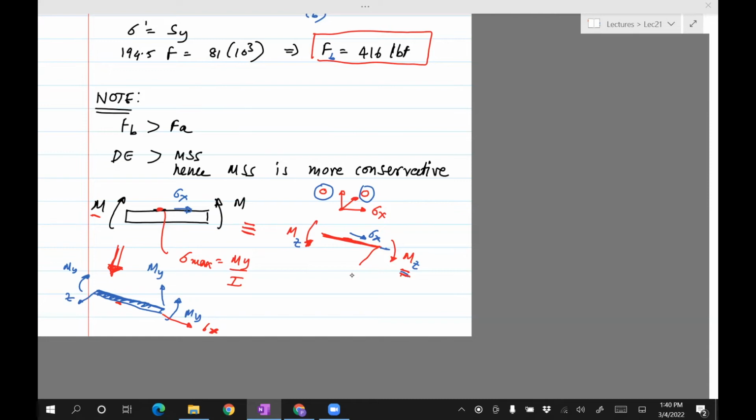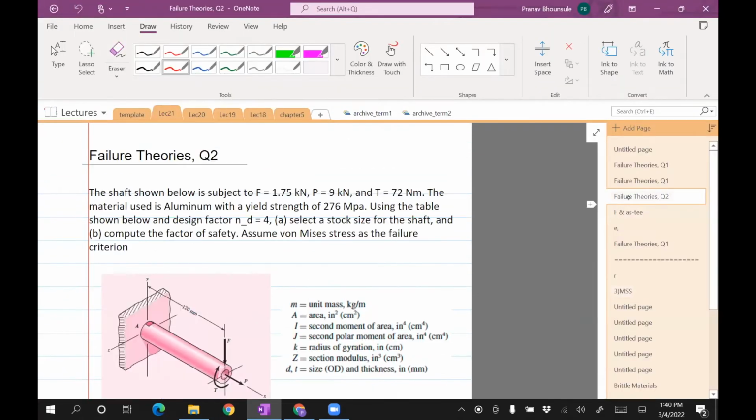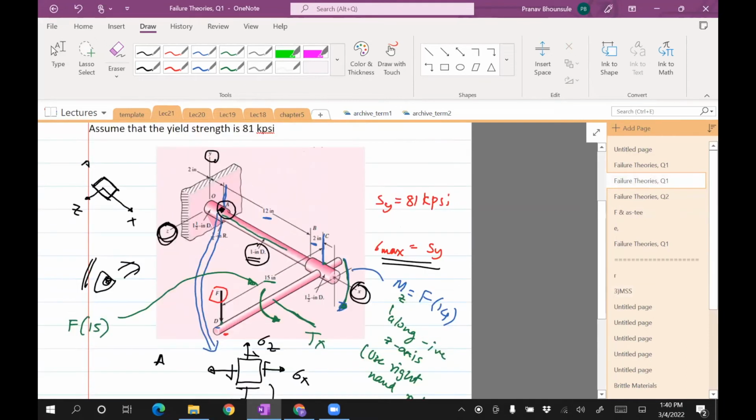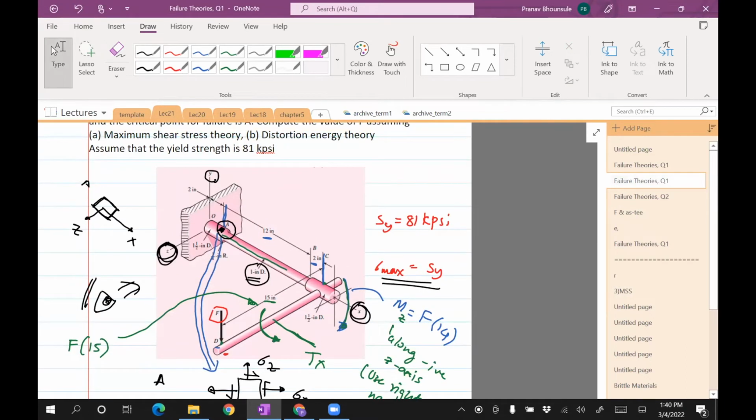How do we go about a problem that does not indicate the point of failure? Okay, that's a good question. Here I've told you exactly where the failure is going to occur. It's right at A. If you are not told that, it suddenly becomes a full-blown design problem, in the sense that you then have to figure out what the moments are as a function of distance. So think of bending moment diagrams and shear force diagrams.